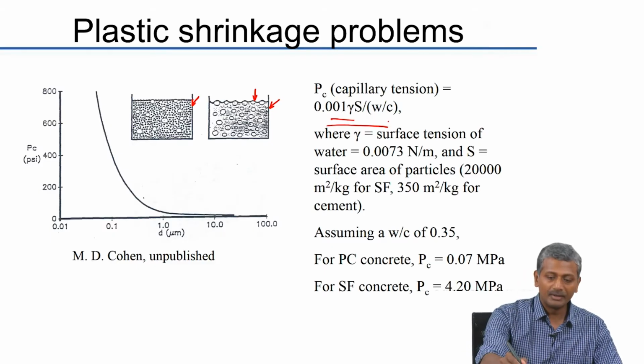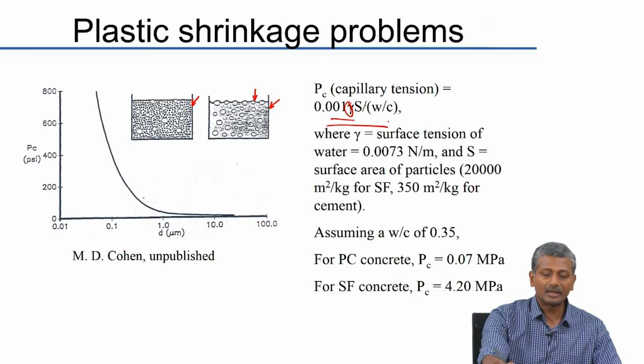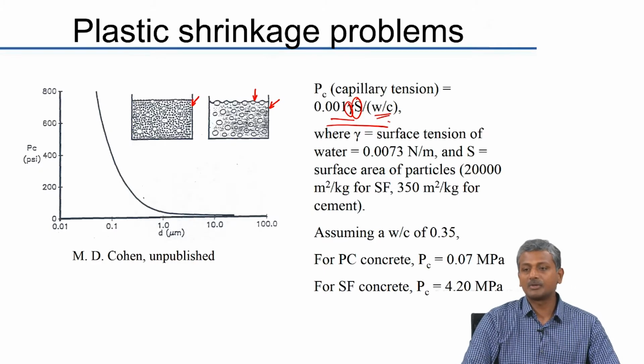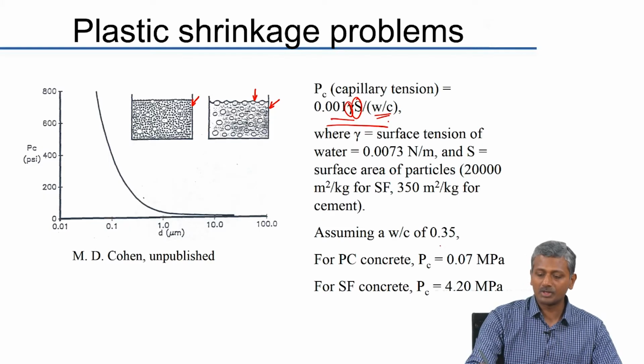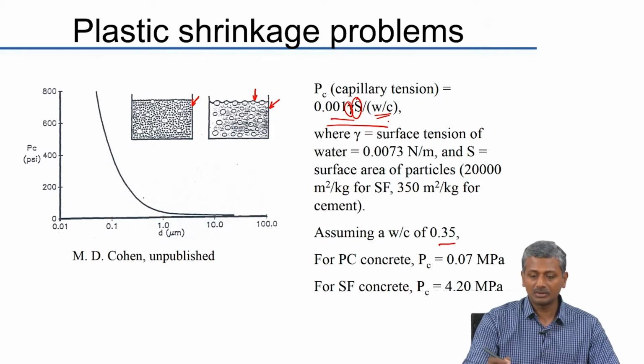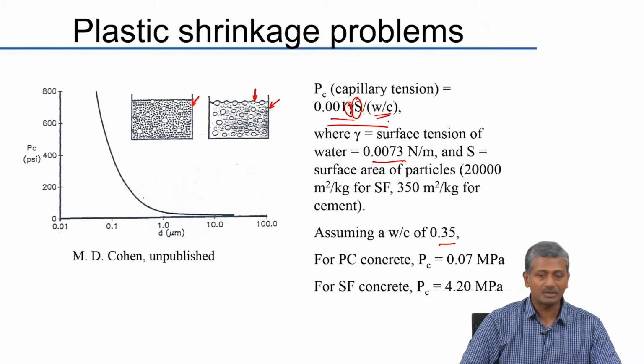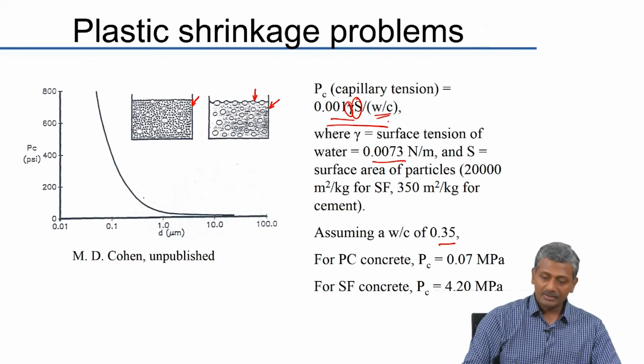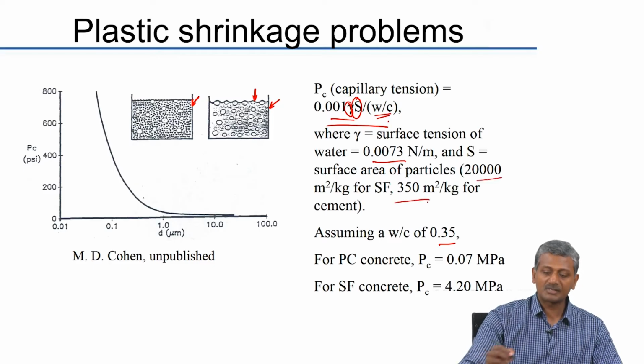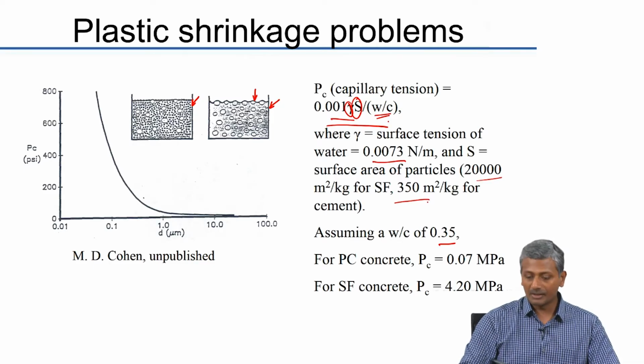Your pressure is related to the surface tension, related to the surface area of the particles, as well as the water to cement ratio. So, if you consider a particular water cement ratio and use this equation, assuming the surface tension of water to be a constant amount 0.0073 Newton per meter, just substituting different surface area of cement and silica fume particles gives you results like this.